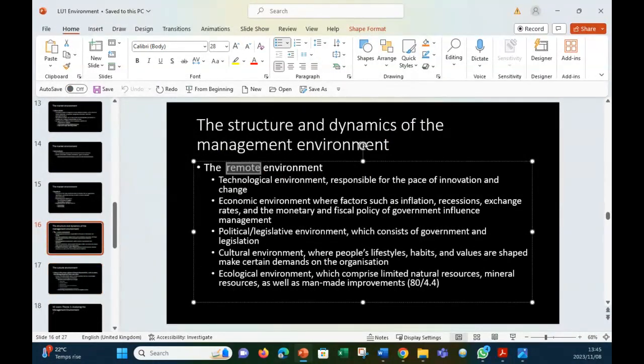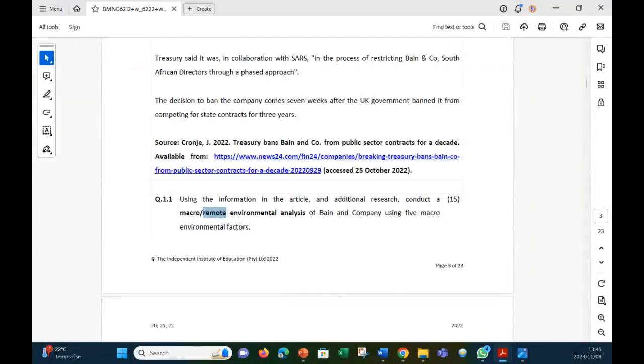You will see a question like this. If they ask remote or macro, use PESTLE. If they ask market, use Porter's five forces: the suppliers, the power of your customers, intermediaries, etc. So have a glance at that and make sure that you get that right.